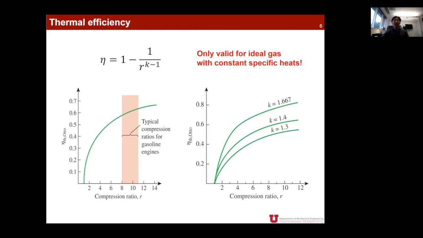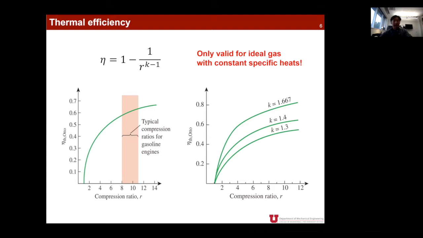Again, we calculated thermal efficiency after calculating the net work and heat input. Now we actually can do exactly the same thing, but by using the ideal gas assumption and constant specific heats.